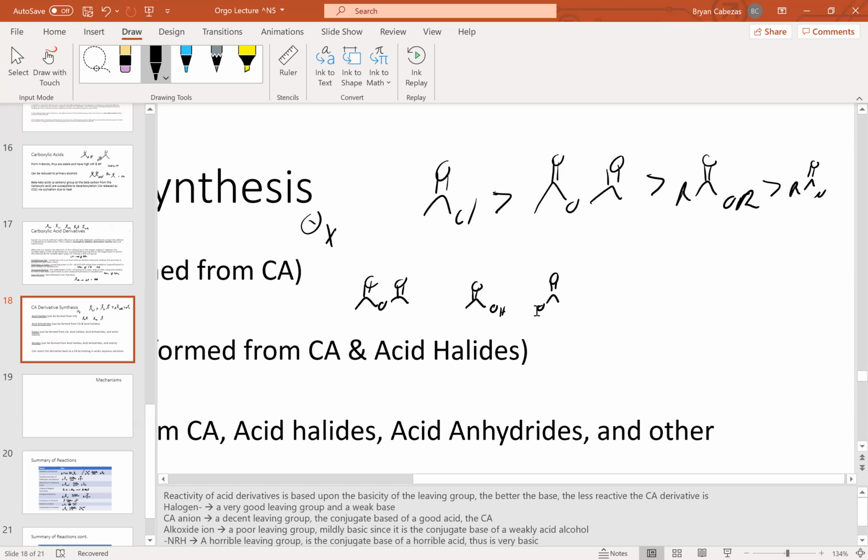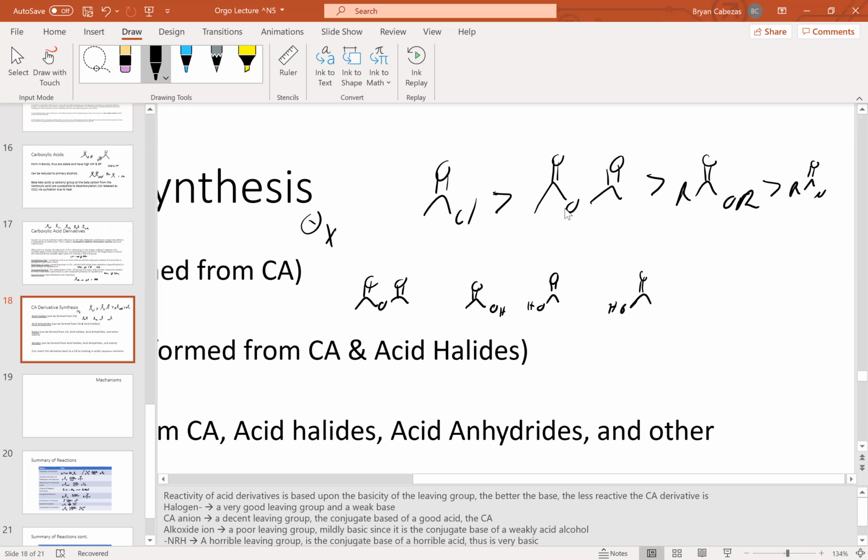Okay, so let's analyze this structure. What is this? Well, it's just the conjugate base of a carboxylic acid, right? If we were to draw a hydrogen here, you just have a carboxylic acid. And remember, carboxylic acid is a decently strong acid, which means that its conjugate base is decently stable.